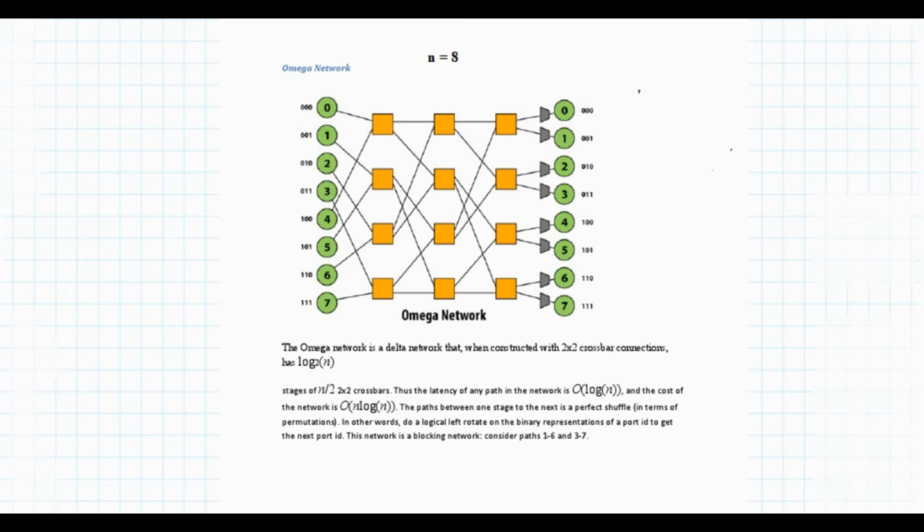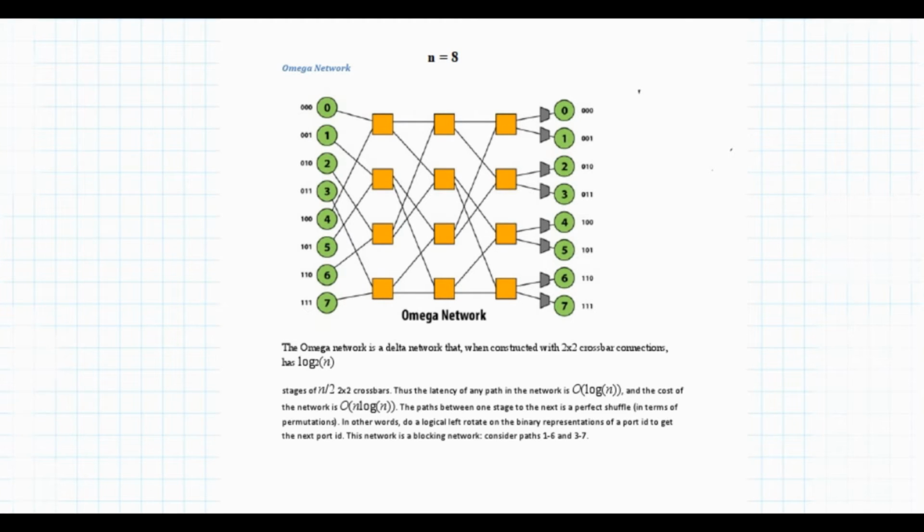If you can recall the shuffle exchange network interconnection pattern, what you had to do there was left shift each digit by one position.